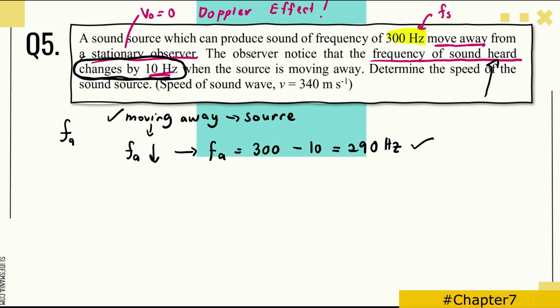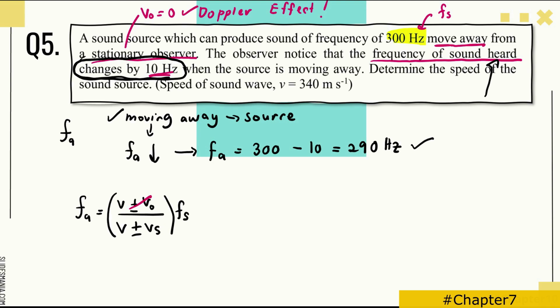For the case of a stationary observer, the general formula for the Doppler effect is fA equal to (v plus minus vo) over (v plus minus vs) times the frequency of the source. We can cancel out vo as it is equal to 0.